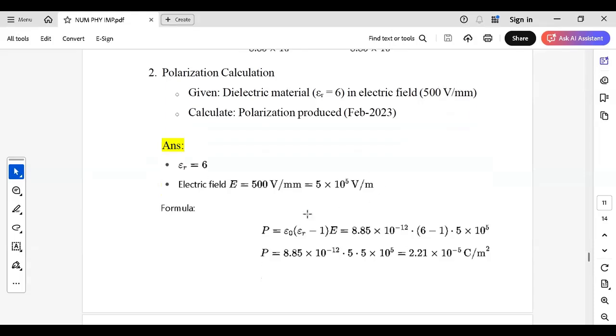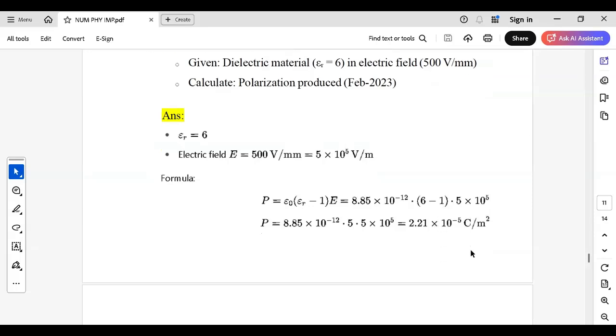You know that polarization produced, P, is equal to epsilon naught into (epsilon R minus 1) into E. What is E? 500 volt per millimeter, which is equal to 5 into 10 to the power 5 V by m, converting millimeter to meters. Substituting all these, you will get the answer as 2.21 into 10 to the power minus 5 C by m square.